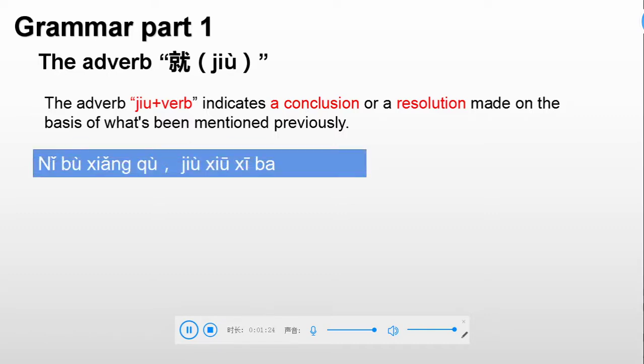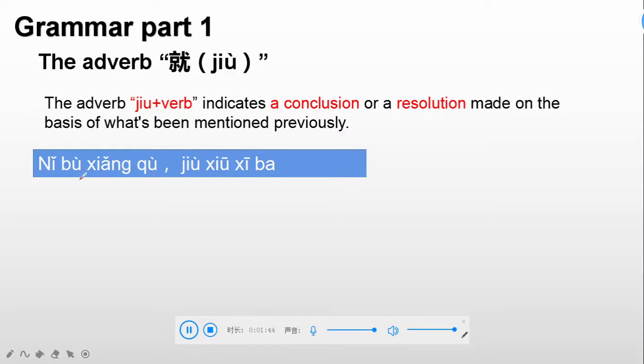First one, 你不想去就休息吧. 你 is you. 不 is a negative word, which is no or not. 想 is want. 去 is to go.